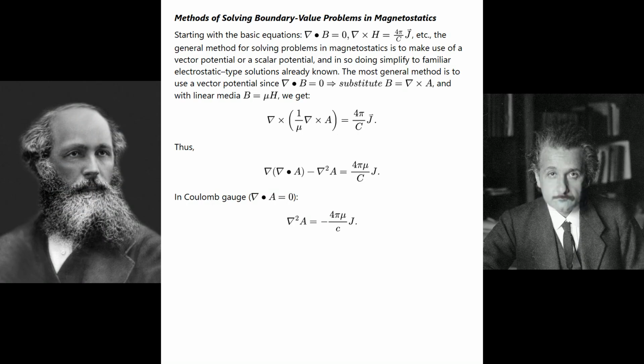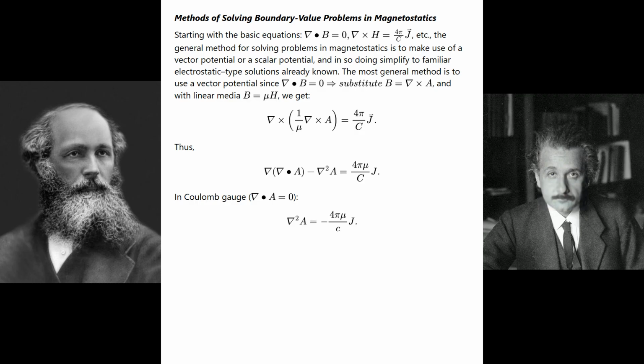Methods of solving boundary value problems in magnetostatics, starting with the basic equations. Gradient dot B equals 0, gradient cross H equals 4 pi over c J vector, etc. The general method for solving problems in magnetostatics is to make use of a vector potential or a scalar potential, and in so doing simplify to familiar electrostatic type solutions already known.